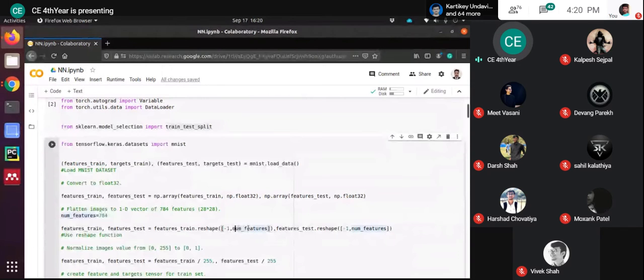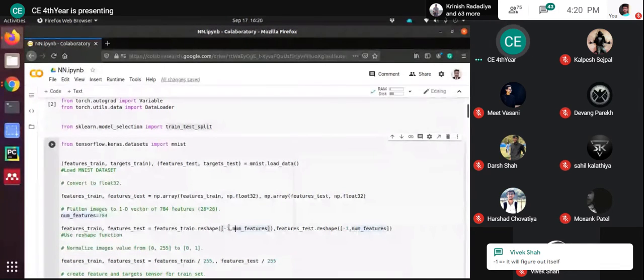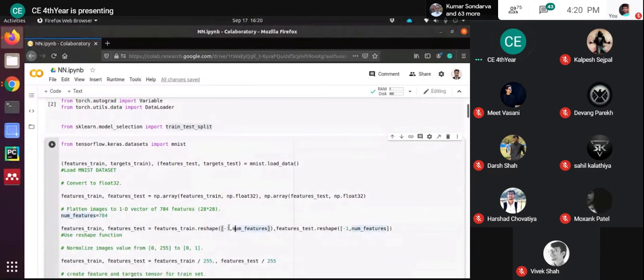But instead of writing 1, why have I written -1? Yes, correct, Anshuman. Because we don't know how many rows there are. This 1 cross 784 is just for a single example. But whenever you're not sure how many rows there are, you can put -1 there. It will calculate accordingly, whichever number of rows there are, it will put that value there. That means it will figure it out.